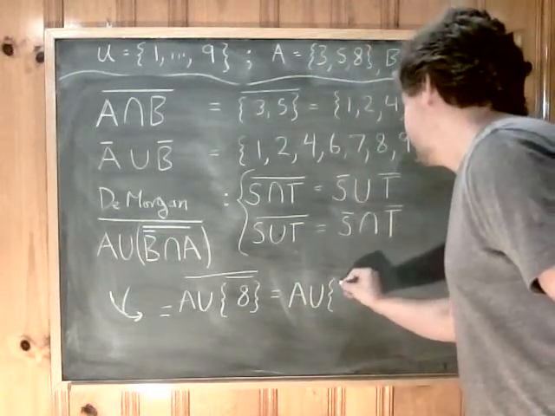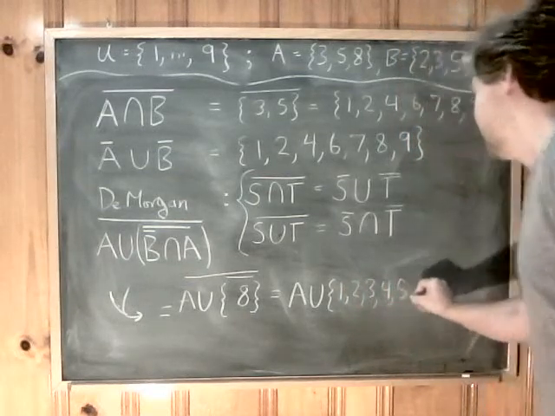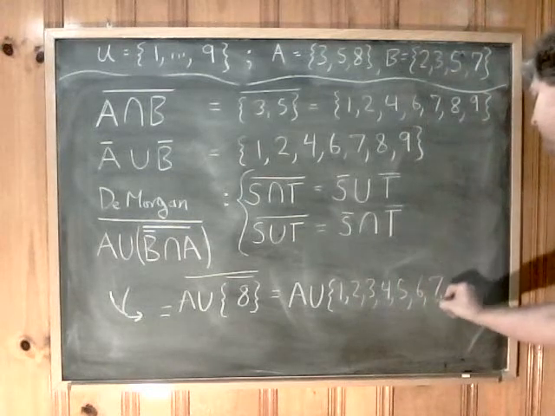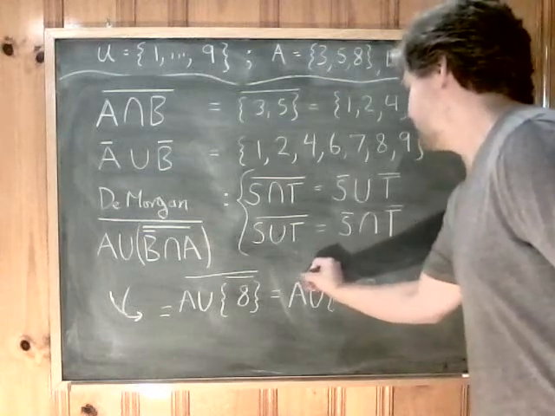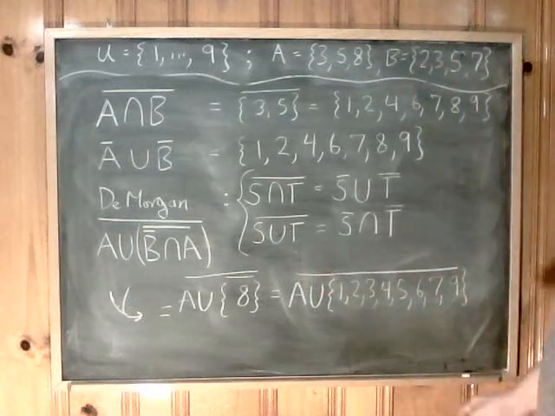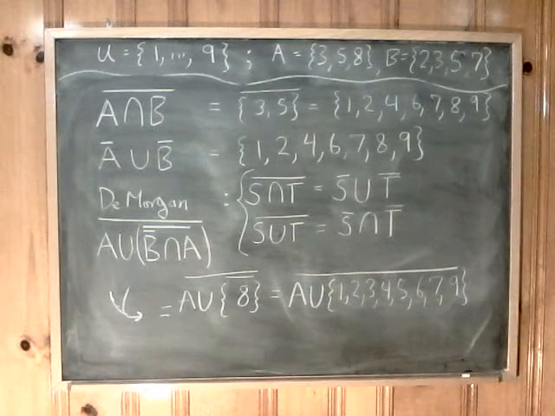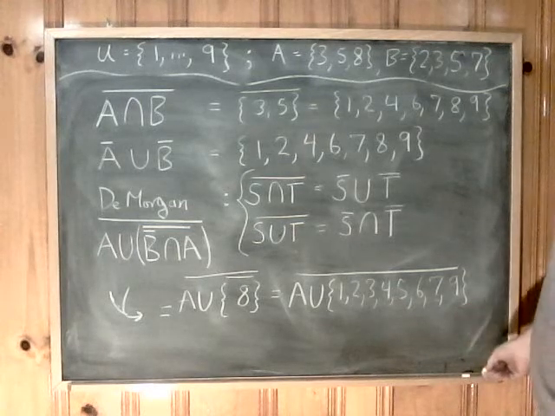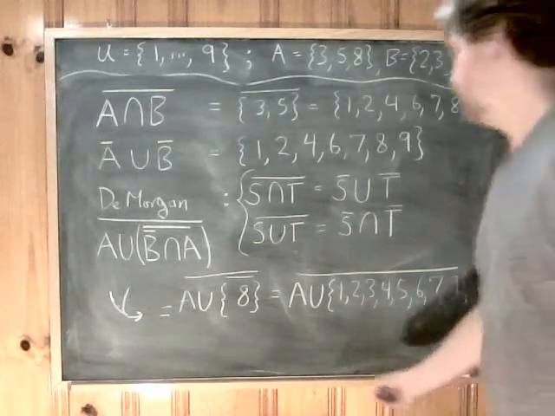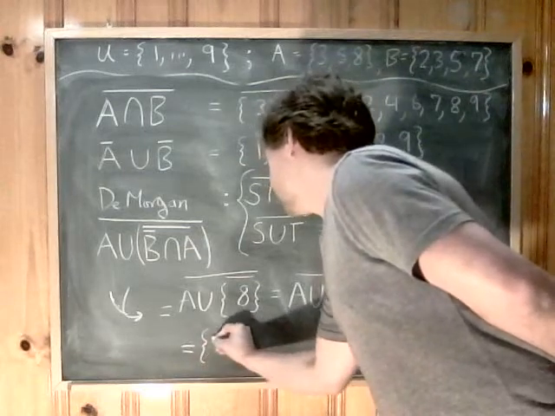So it's 1, 2, 3, 4, 5, 6, 7, and 9. And of course I have to remember to complement the entire thing. When I take that union, it gets even larger. In fact, the only thing that's missing from the big set I have written here was 8, which is in A. So it's everything.